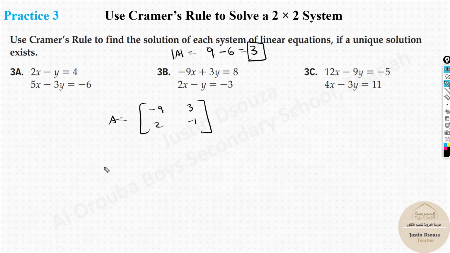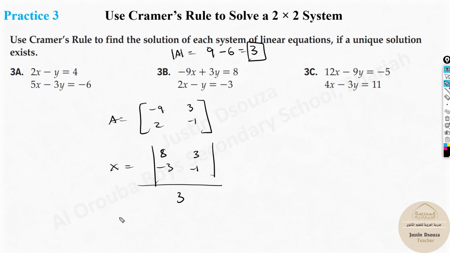Now here, all you do is, sorry, it's not AX, it's X only. The first variable, you need to find the determinant. Determinants are given by straight lines instead of the matrix. Divided by the determinant of A, which is 3, as we found over here. But now instead of minus 9 and 2, you need to substitute 8, minus 3, 3, minus 1.